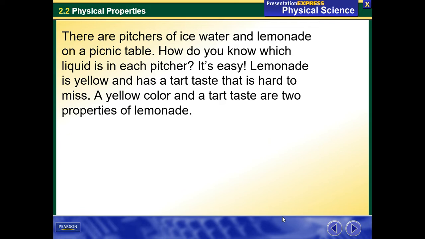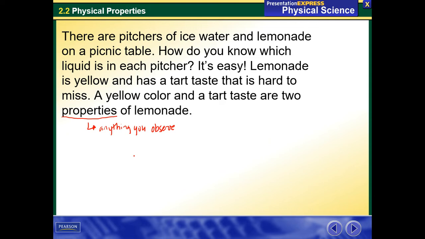That yellow color and that tart taste that you're describing to lemonade are called its properties. In contrast, you might say that water is clear and there's not really a sweet or tart taste to water. Properties are anything you observe about a sample of matter, and usually these are taken in with your senses.